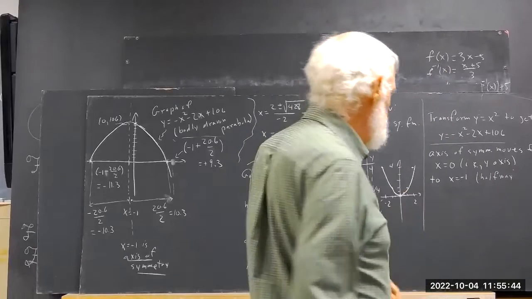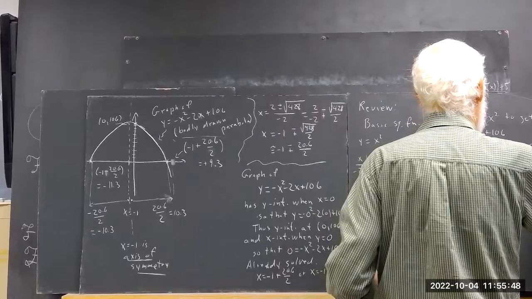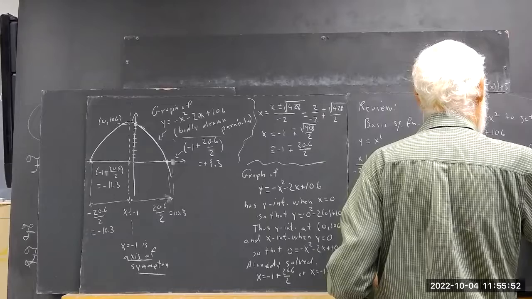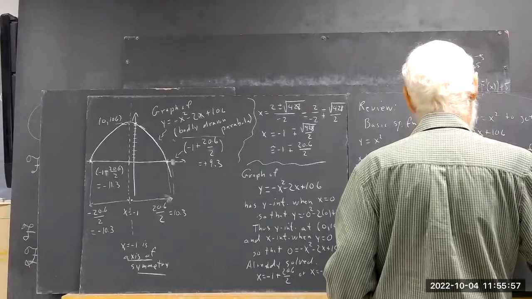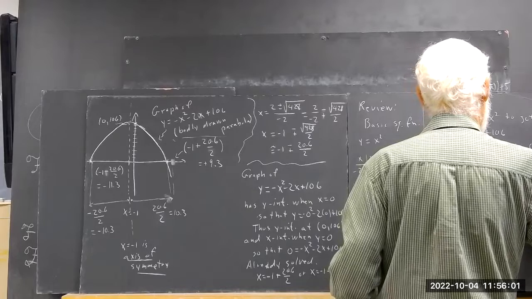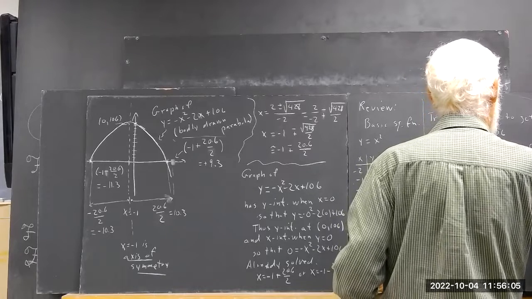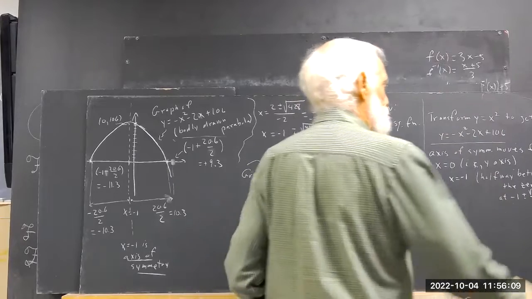It moves to x equals -1, which is halfway between the zeros at -1 plus and minus square root of 428 over 2.